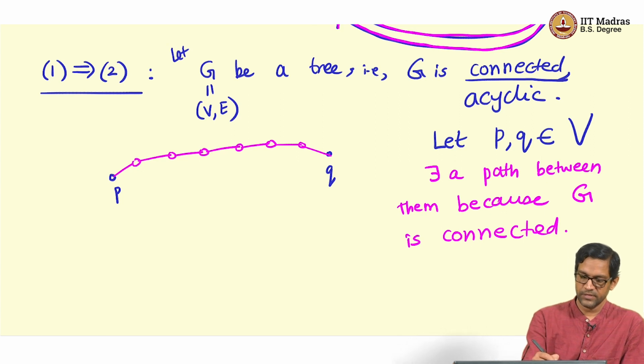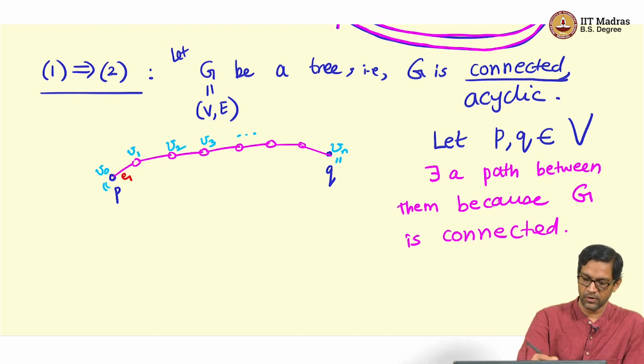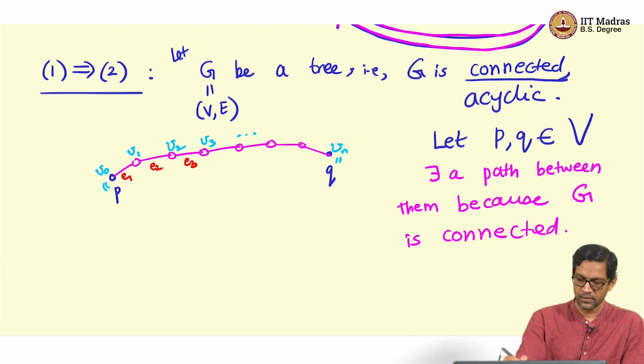So let's give this path a name. Let's call the vertices V0, V1, V2 and so on. Let's try to write out a formal proof here, V3 etc. Let's call this vertex Vn. So V0 is P, Vn is Q, and these intervening edges we will give them names as before. This is E1, E2, E3 etc., and this last edge is En.